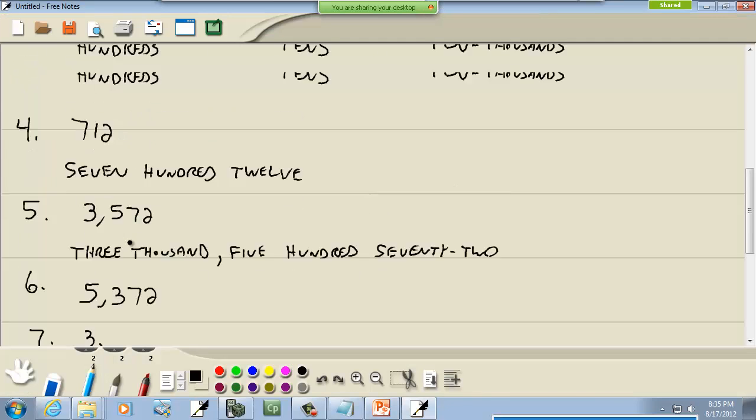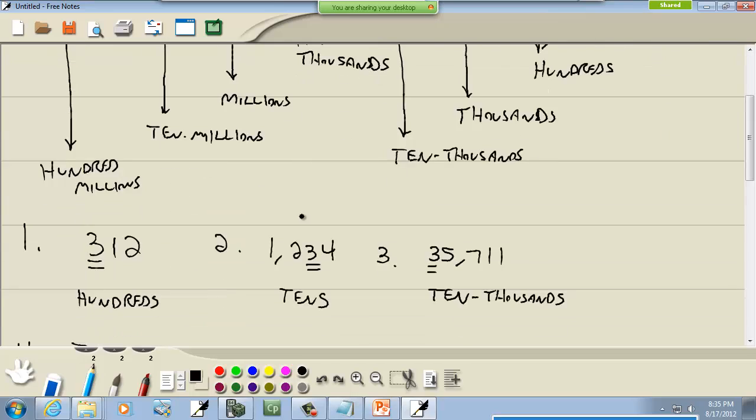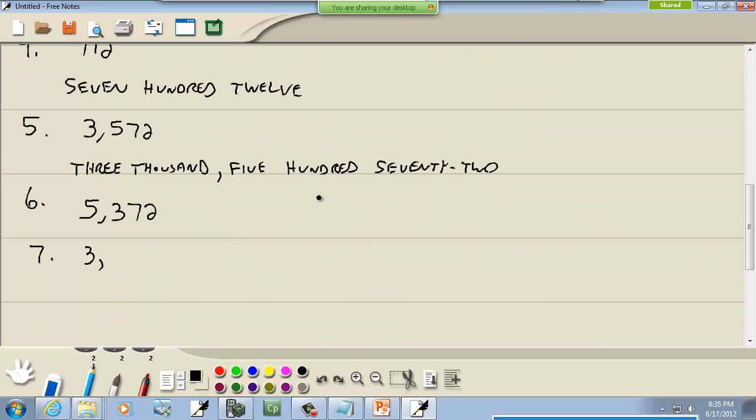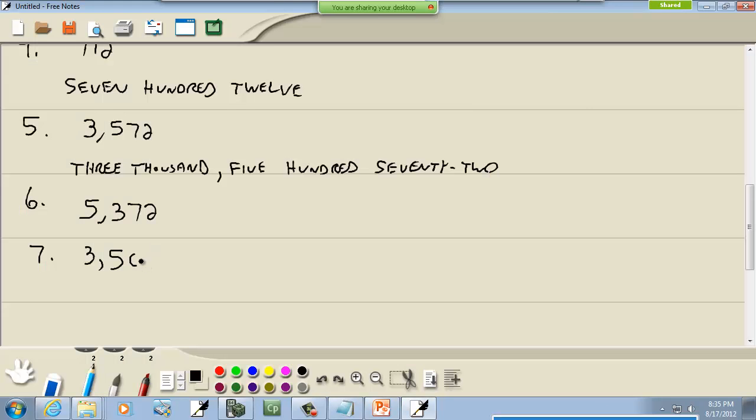Here's my million. Here's 100,000. So it's this digit right here. So 500,000, and then it says 11. So clear over here would be the 11. So 3,500,011.